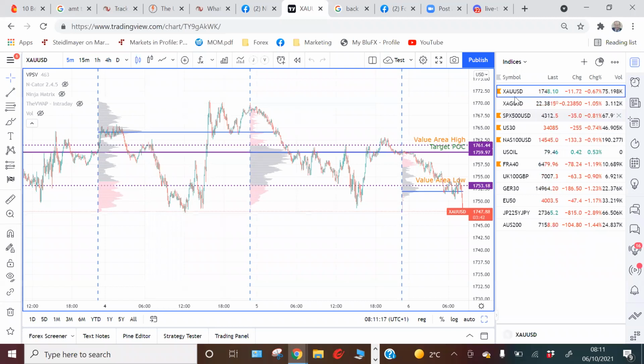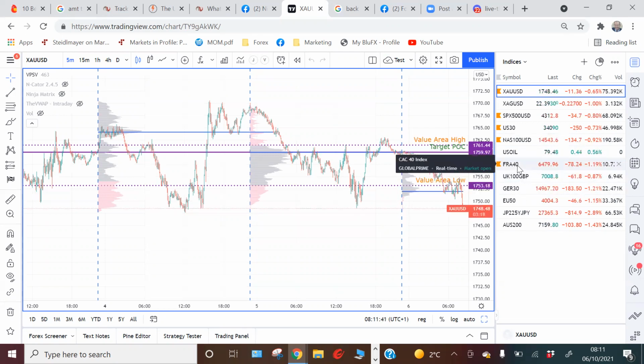So we'll have gold and silver, and then we'll move into the American indices. On your broker, the SPX 500 might be S&P 500, could be US 500, like US 30. NAS 100 could be US 100, US oil. Then we'll have some European ones.